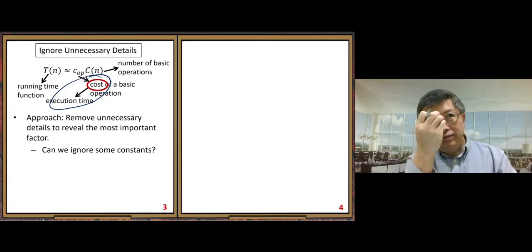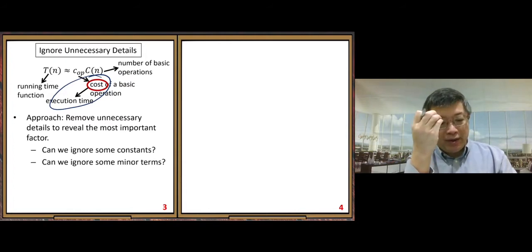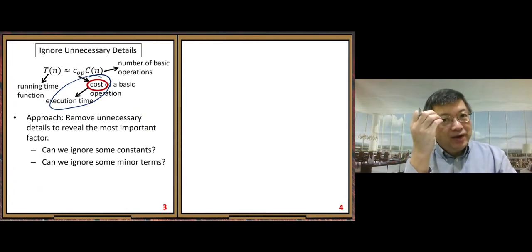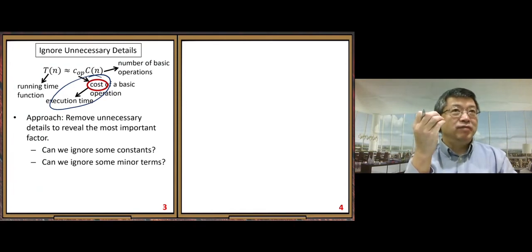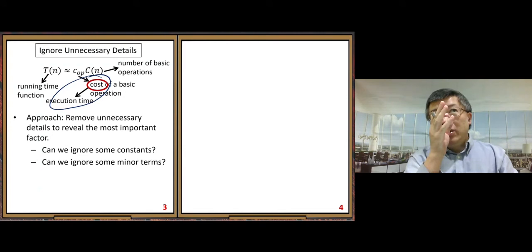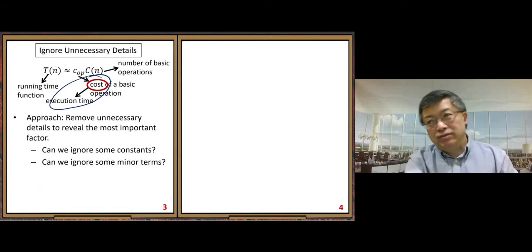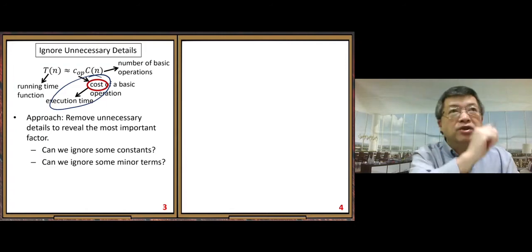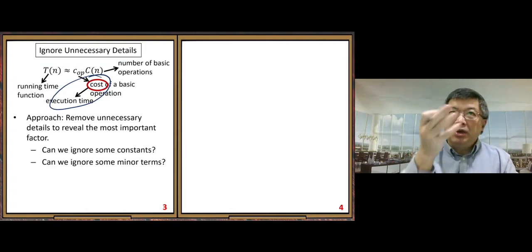because their role is not very important. Can we ignore some minor terms? Minor terms we can ignore, because minor terms will be dominated by dominant terms. In one of the previous videos, I talked about the dominant term. Recall when we did analysis on the sequential search, I gave you that concept of a dominant term.